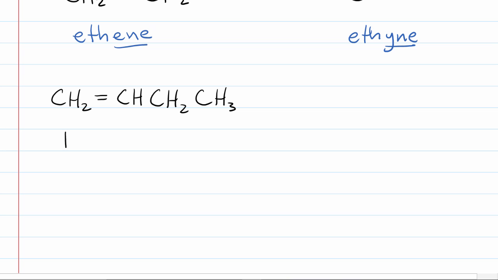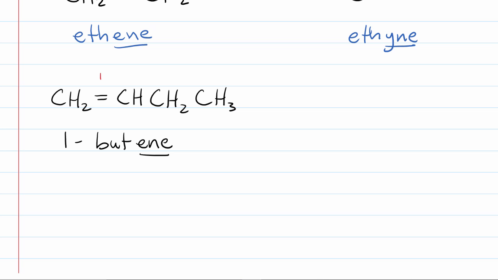And how many carbon atoms are in that chain? 3. There's not 3, there are 4 of them. So the prefix that stands for 4 is but-, and so we call this 1-butene. 1-butene is its name. Again, the ene suffix is in there, and the 1 comes from the fact that this slot is slot number 1.